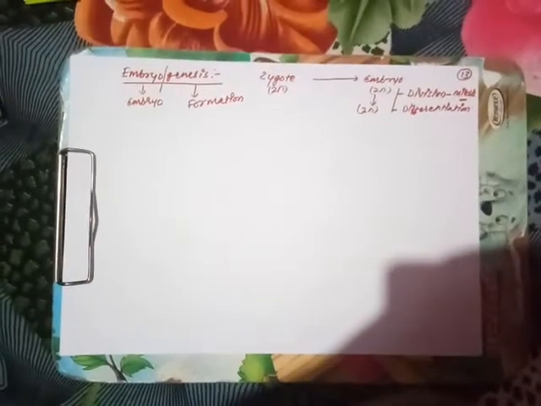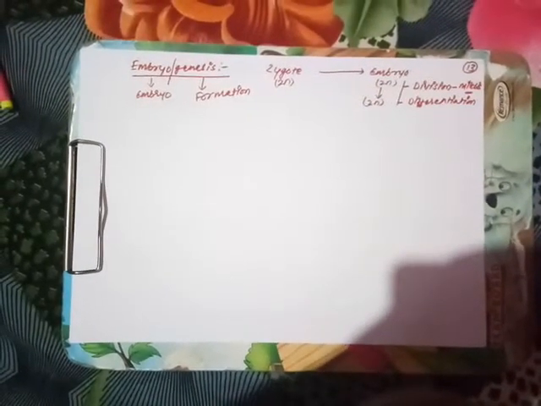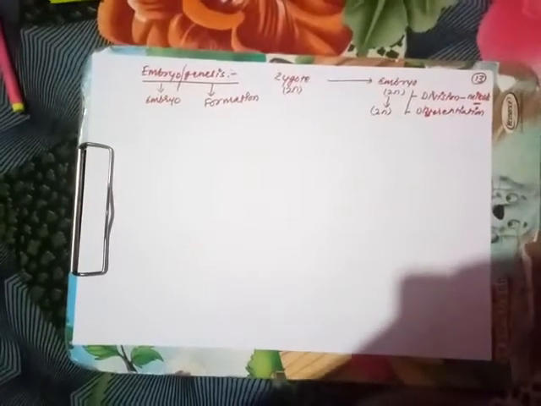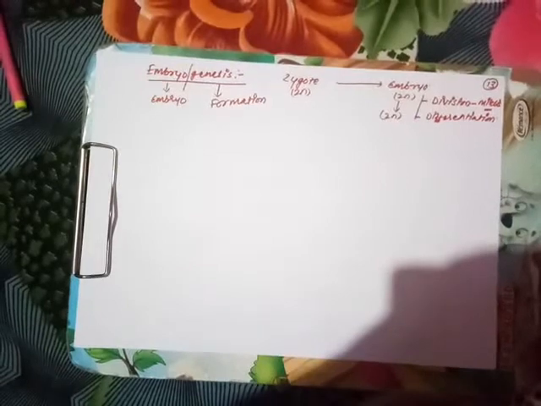And differentiation means after continuous repeated mitotic divisions there will be a great increase in the number of somatic or diploid cells. Now these cells will start moving toward their organ specific area, and will start getting converted into their particular type of structure. This is called differentiation.